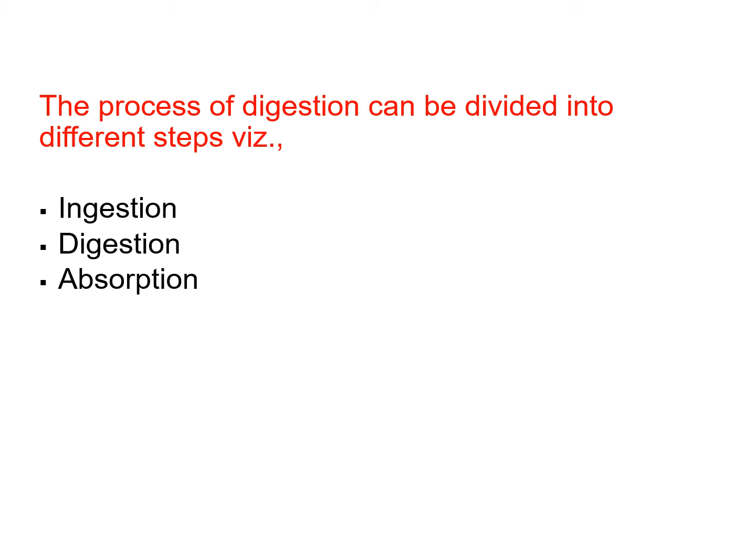Absorption, that is absorption of the simpler molecules into the bloodstream. 4. Assimilation, which is to spread out the nutrients from the villi to different parts of the body. 5. Egestion, that is the excretion part, eliminating the undigested food from the body.